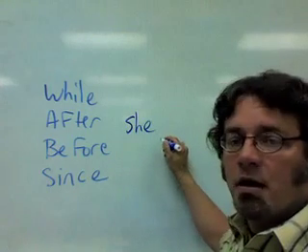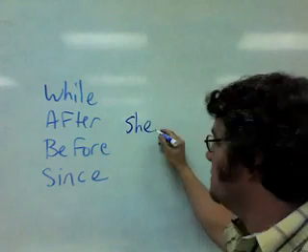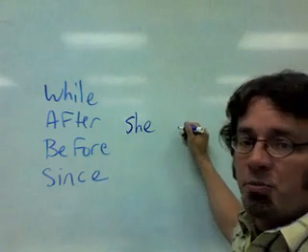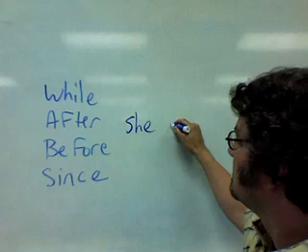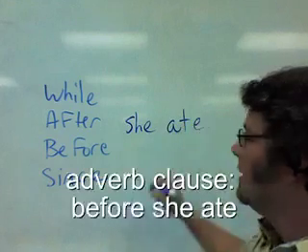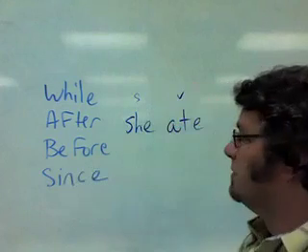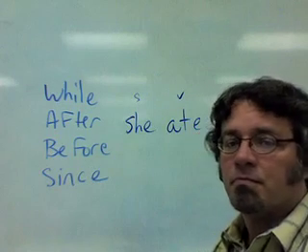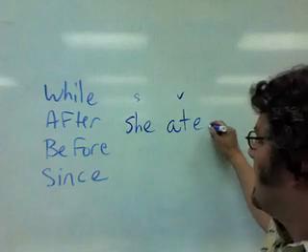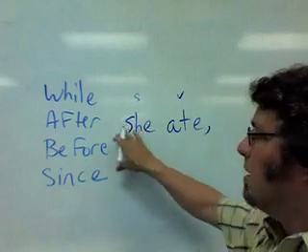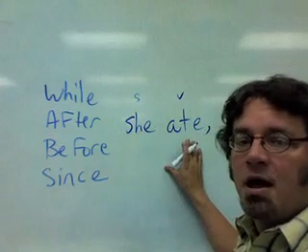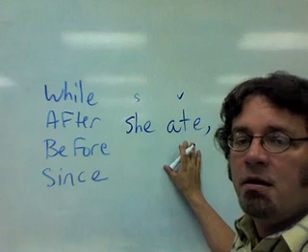And then a verb. We'll use eat, and we'll put this in the past tense. Ate. Here's the subject, and here's the verb. You use a comma at the end of the adverb clause, and then the main clause.